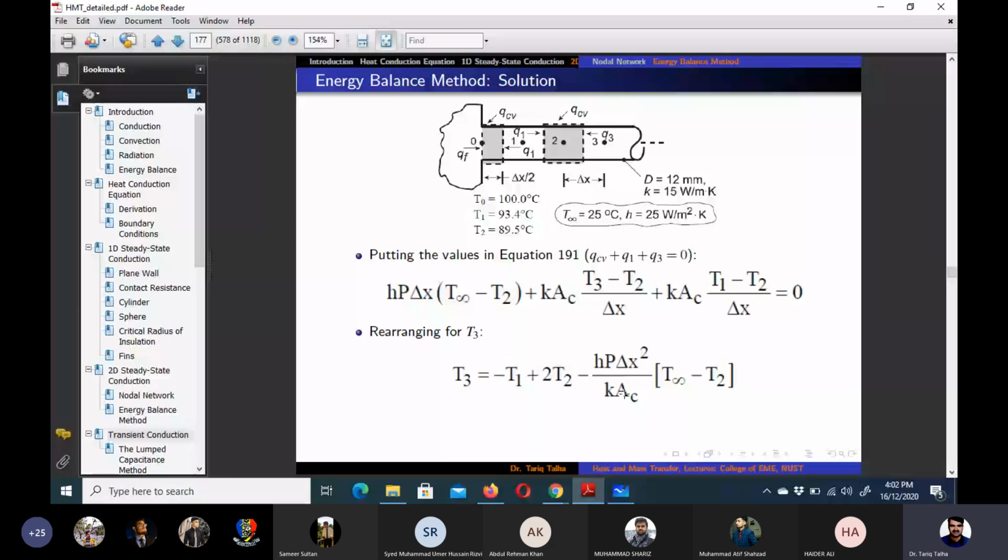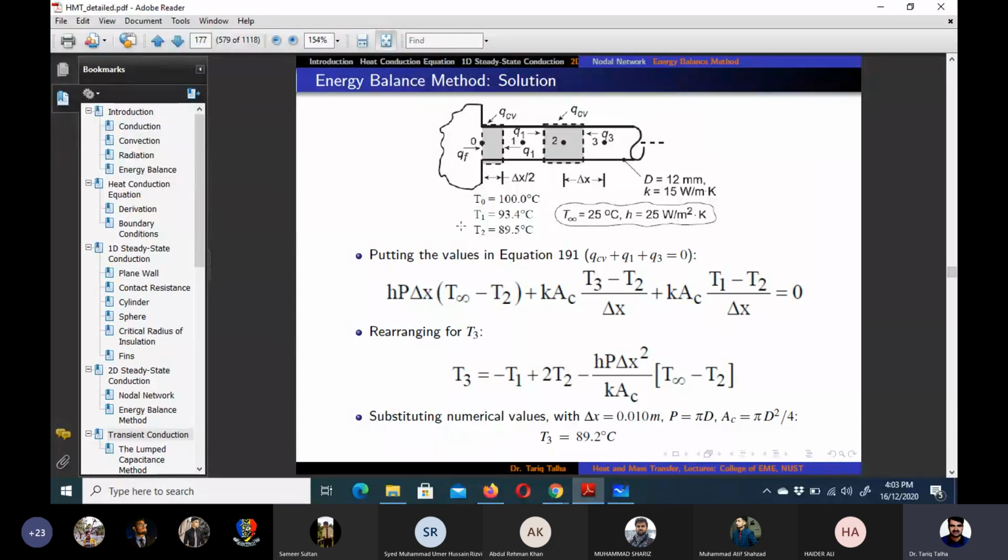All the values, perimeter pi d and delta x, are given; K into AC we know, pi d square by 4; T infinity is given, and the T2 value is also given in the data, which is 89.5. So we can calculate T3, which is equal to 89.2.